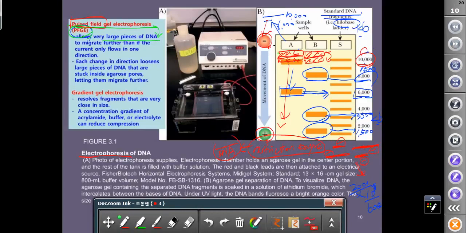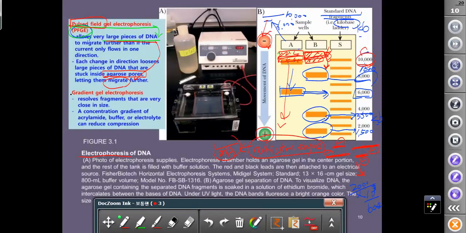When the field is applied the bands move, then when paused they stop, and when the field is applied again, the bands move again. So it helps large pieces of DNA to migrate better across the agarose pores.